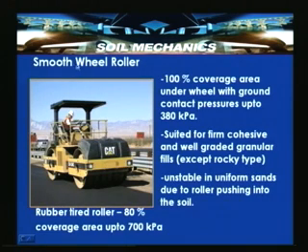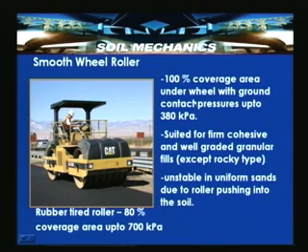What we are seeing here in this picture is a smooth wheeled roller with a rubber tired roller with 80% coverage area, which can induce around 700 kilopascals pressure. With 100% coverage area under wheel load, the ground contact pressures are up to 380 kilopascals.